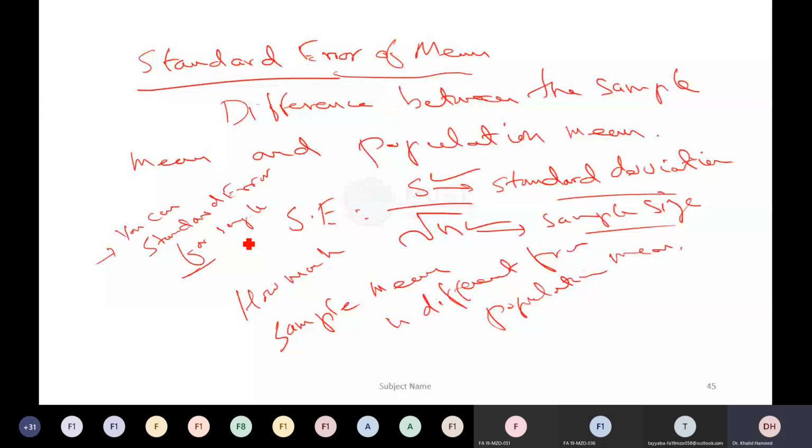This is the concrete concept. Standard error has nothing to do with population. If you have a data source of population, that means you do not have any standard error. So standard error becomes an irrelevant term for population.